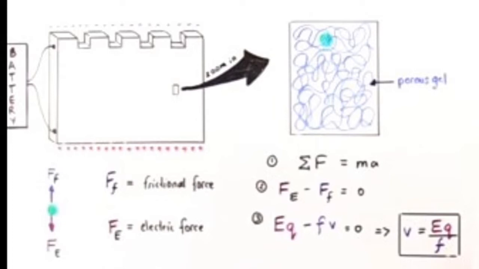So remember we have the positive one, which is the electric force. So we are saying that we are adding the electric force plus the negative friction force. So we are going to multiply there.